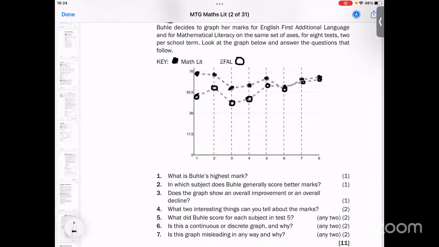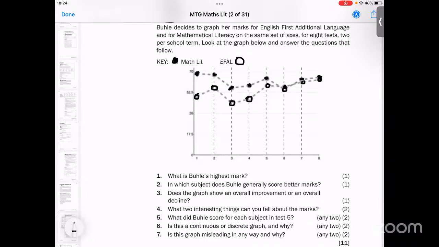So that means what you will therefore have to do is to look at that graph where the honorable member was generally scoring better marks.